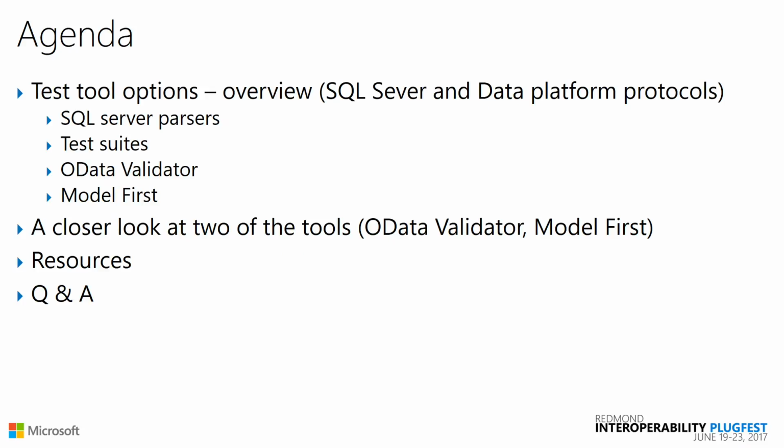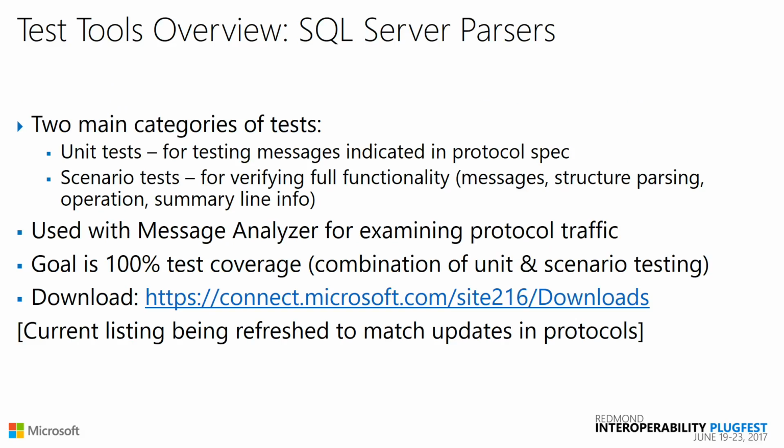It won't be too different from what you've already heard from Jingwei. So parsers, well, there are two main categories of tests when we're looking at parsers. You've got the unit tests, where you're looking at simple verification of, say, a statement in the protocol specification. And then the scenario test is where you have a scenario, say you've got a client talking to a SQL Server database, retrieving information.